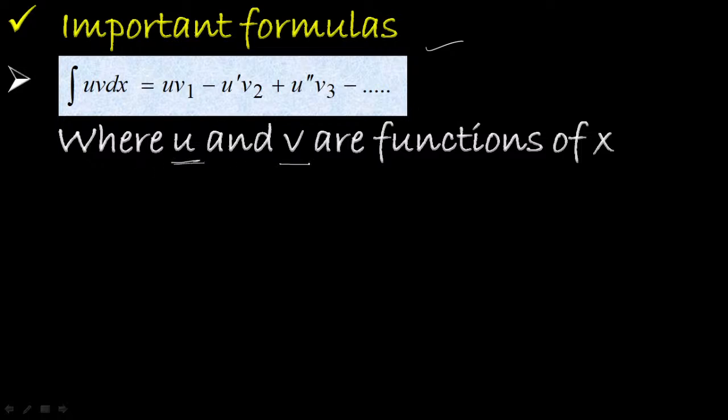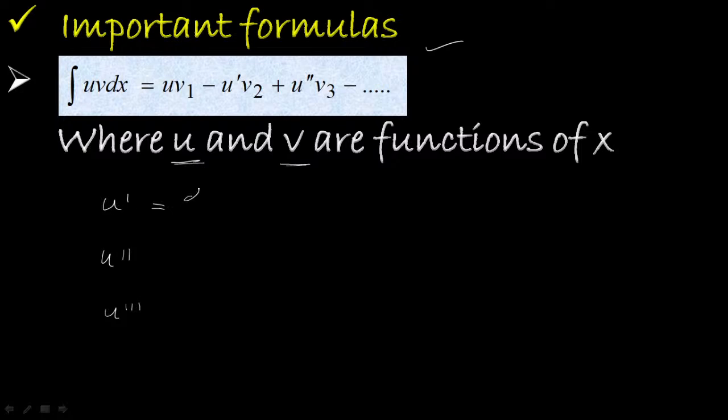Here u and v are both functions of x, and u dash, u double dash and u triple dash form a series. It goes on infinitely, and it has to stop whenever the value of u double dash or u triple dash becomes 0. Up to that we have to calculate.